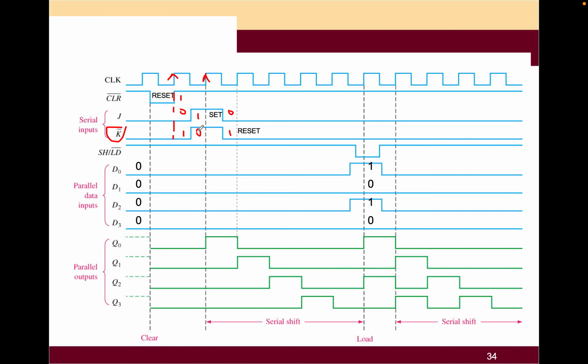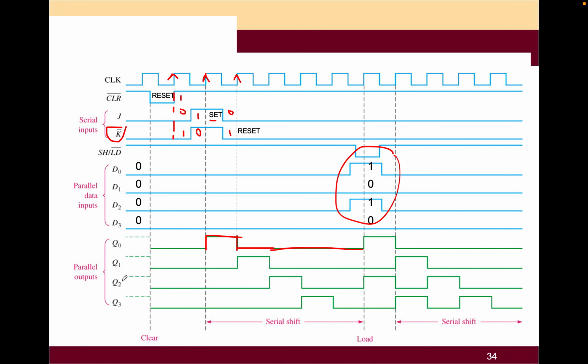What will happen? 10 will be set, so that's why you will trigger to be set there. And then you're going to have the value of another one, which is 01. 01 will be reset, so you're going to reset until you meet your data input. Then you're going to refer to your value of your data input.